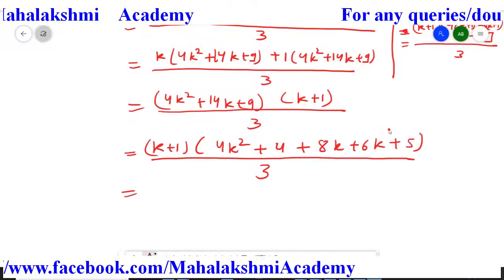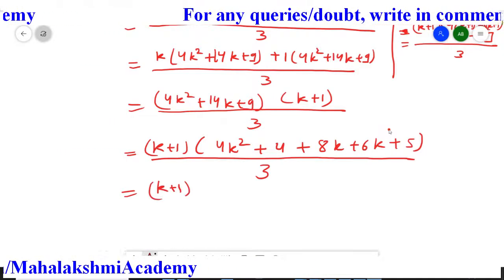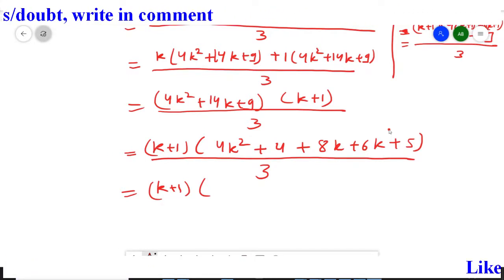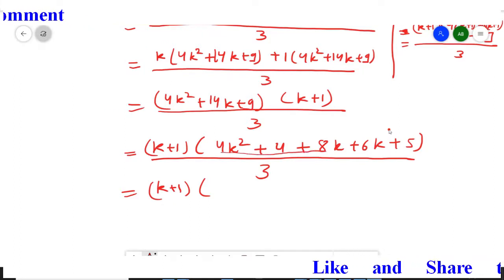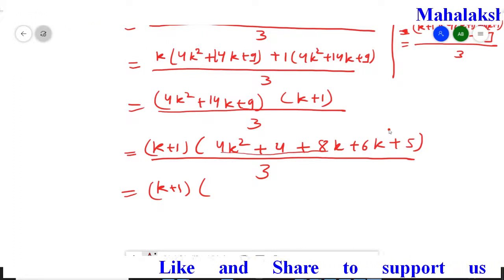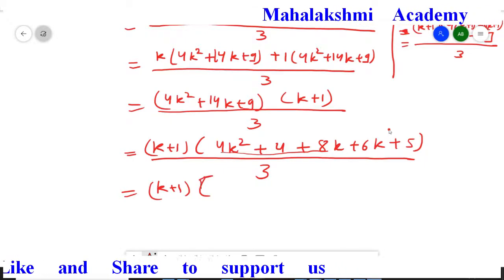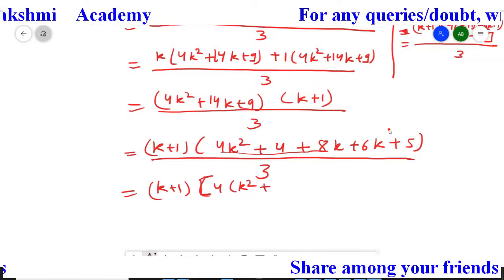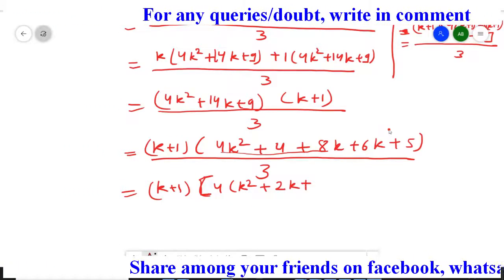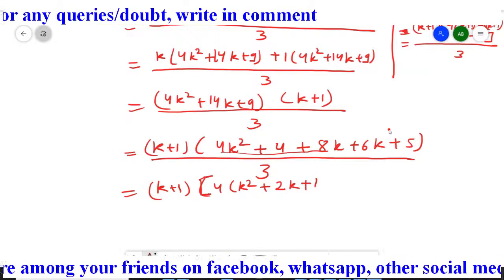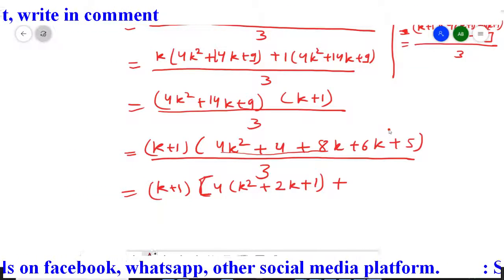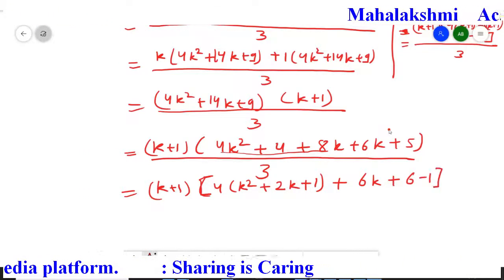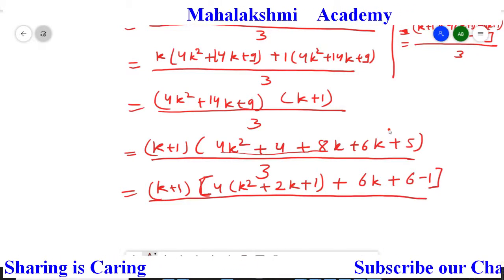Now I am going to take common, so it is going to be k plus 1. So students, these three terms, this were 4k square, 4 and 8k, it is in the form of, from here just first change this to a big bracket, take 4 common, so you will get here k square plus, from this 8k when we take common it's going to be 2k plus 1, and 6k as it is, and this 5 you just write down as 6 minus 1, big bracket close, divided by 3.